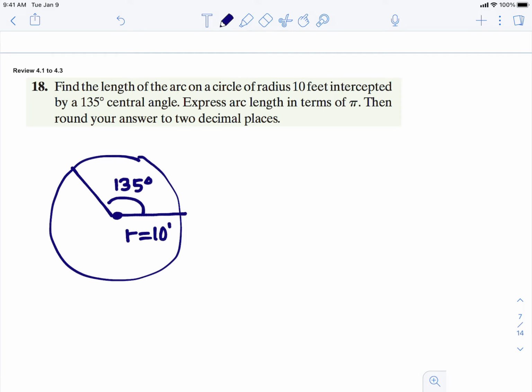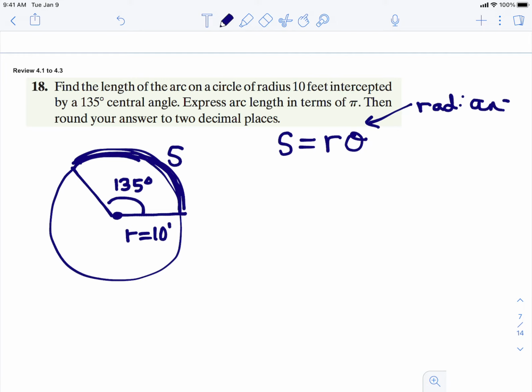And we want to find this arc length right here. So we have that equation up above, S equals R times theta. But this theta needs to be in radians. Our angle is not in radians, so we have to convert it to radian measure.